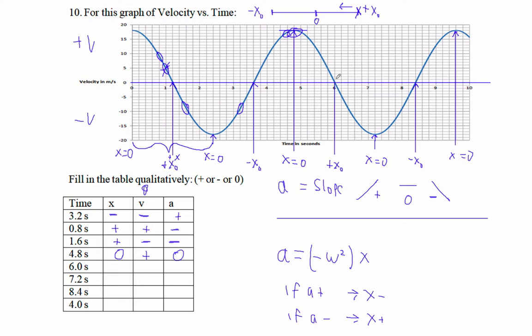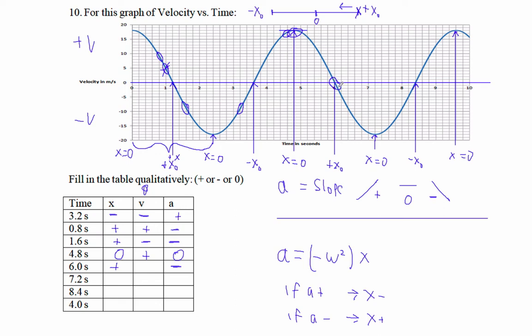Okay, 6 seconds is right there. That's another special one. So our slope is definitely negative, which means it's a positive X. Let's figure out why. Right there. Oh yeah, at that point, our maximum, we've got 0 velocity, right?